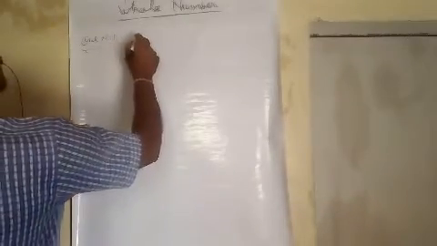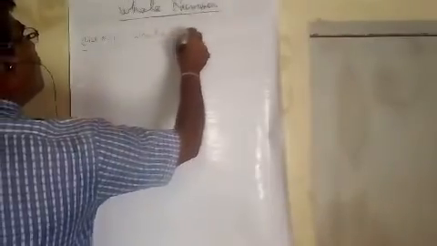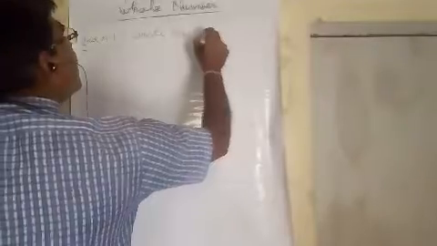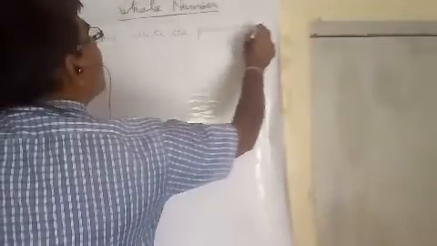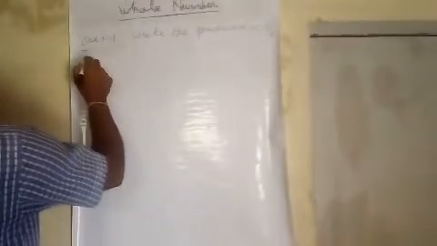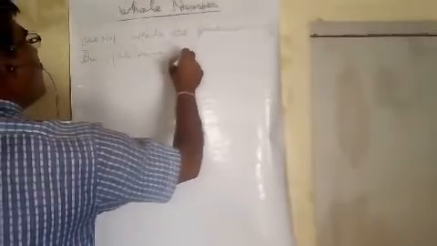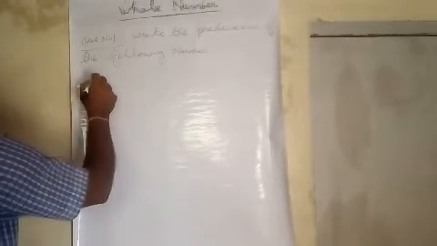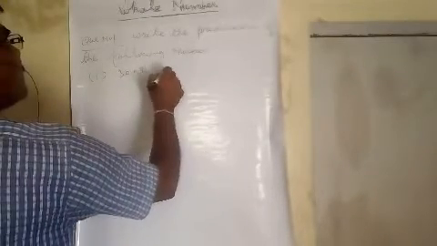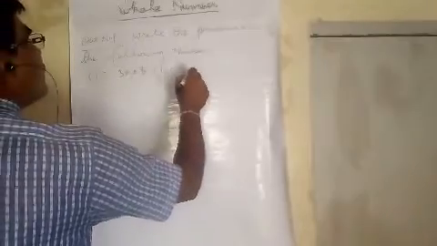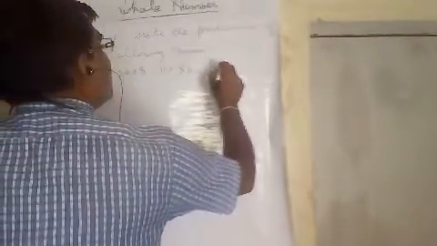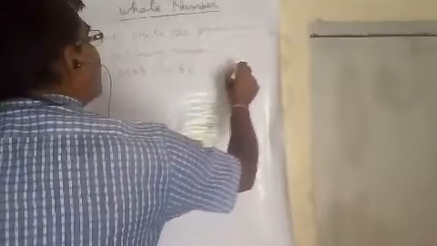Question number 1 is, write the predecessor of the following numbers. The first number is 3008, the second number is 86, and the third number is 100.